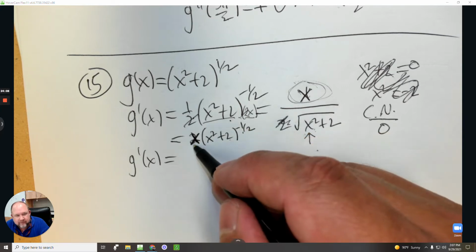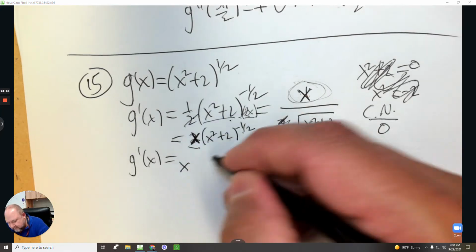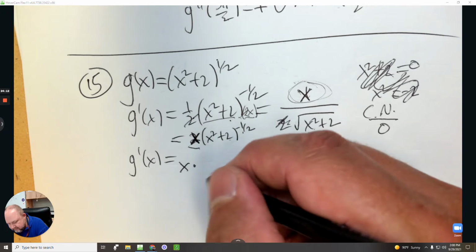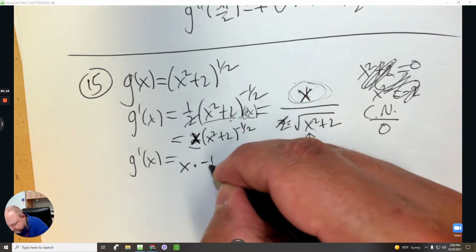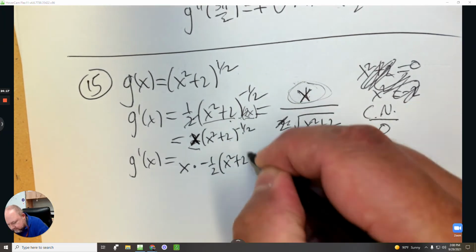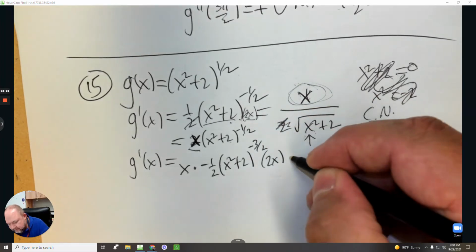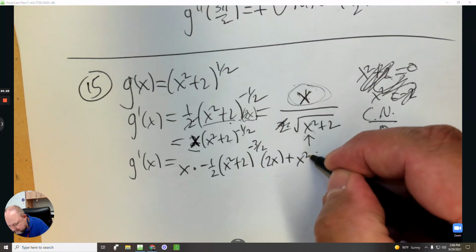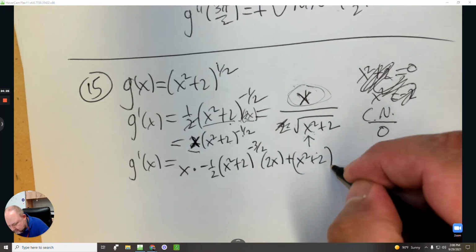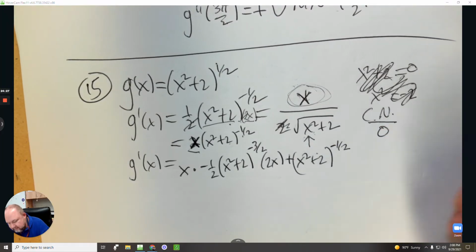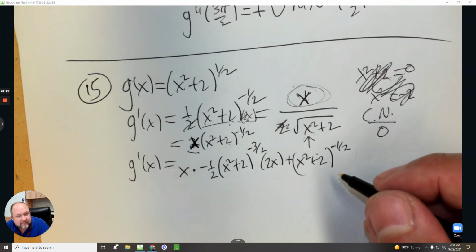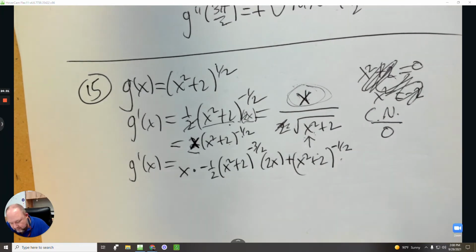And so the first times the derivative of the second. And then don't forget the hook, plus the second times the derivative of the first, which is 1.